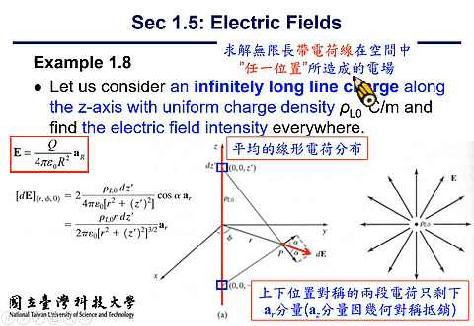Just so, because the line is infinitely long, it's convenient to align this observation point to z equal to 0.